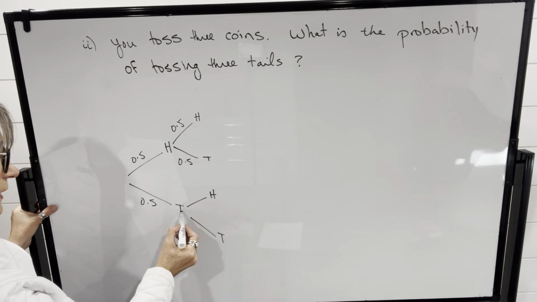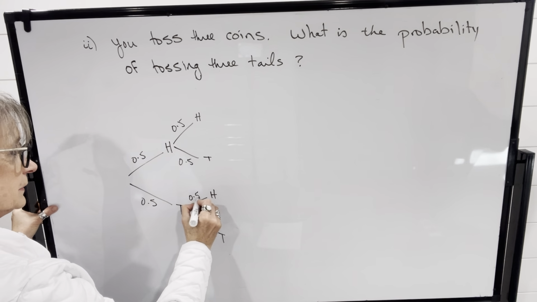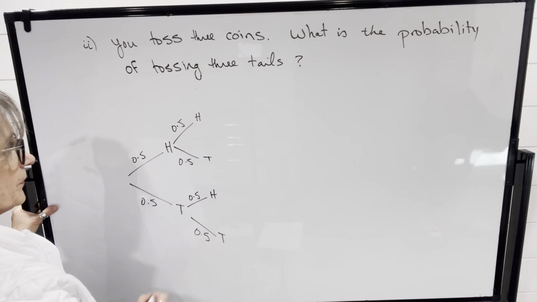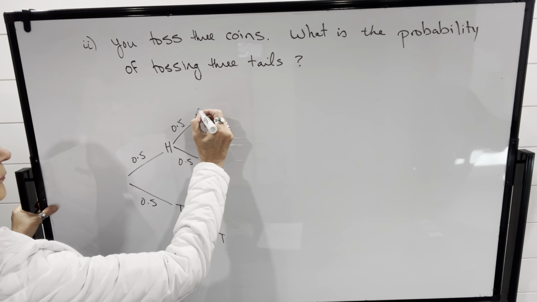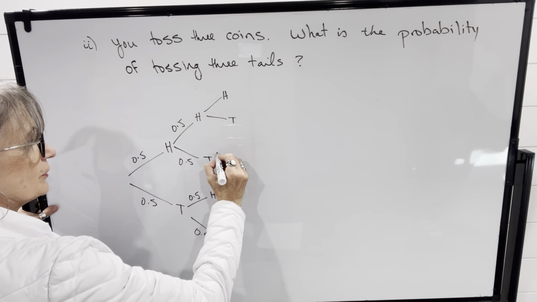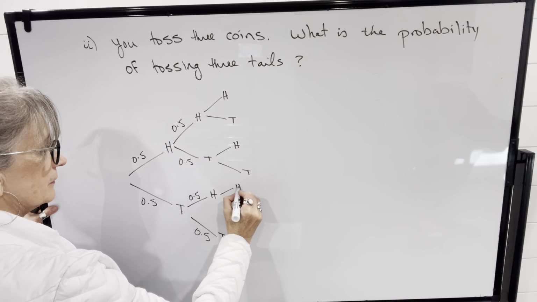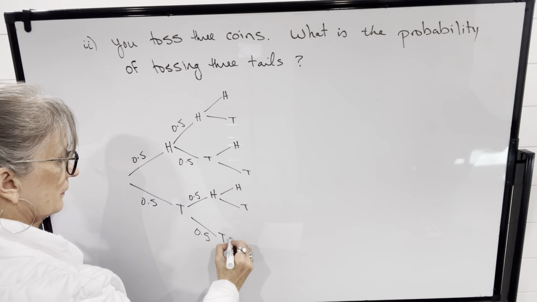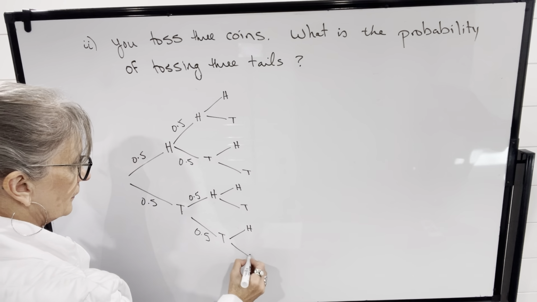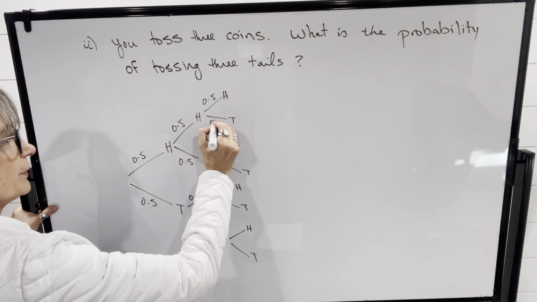Similarly, if our first coin is a tail, then our second coin could be a head or a tail. And then for our third coin, we have a head or tail option for each of these branches. So these probabilities are all 0.5 as well.